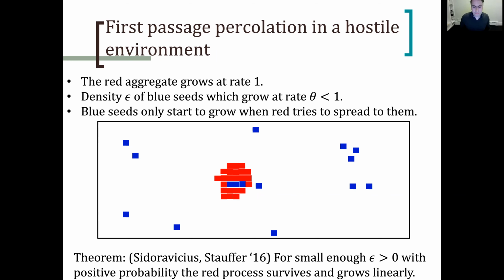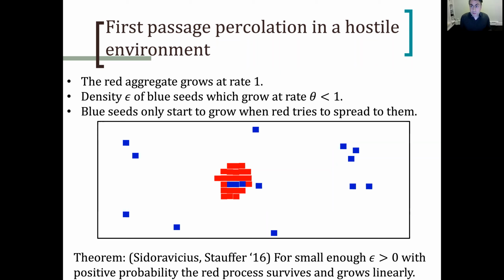and surround those. But nonetheless, Sidoravicius and Stauffer showed that if the initial density of blue seeds is small enough, then there's a positive probability of the red process basically taking over most of the plane and growing linearly, and the blue ones being only a small fraction of what survives.